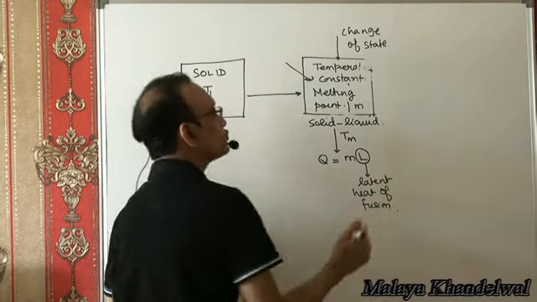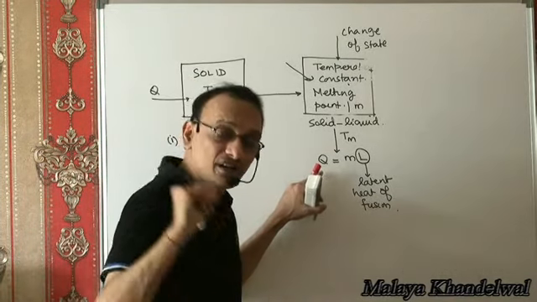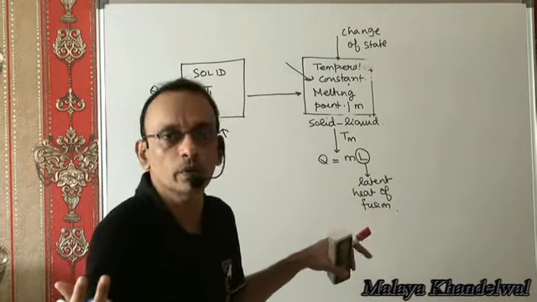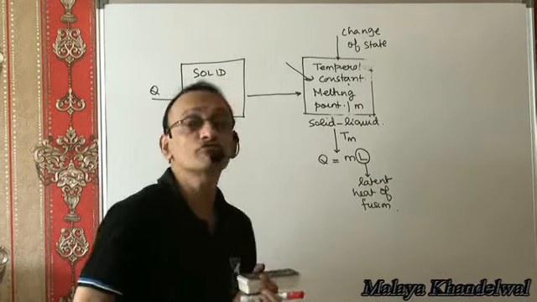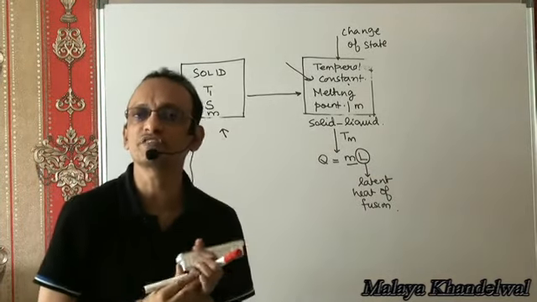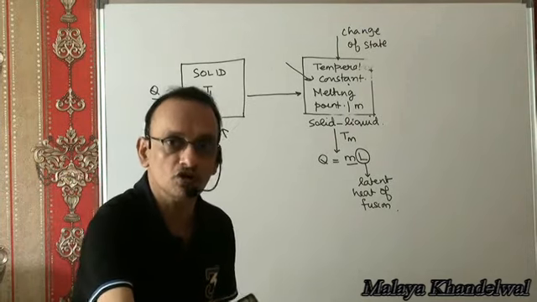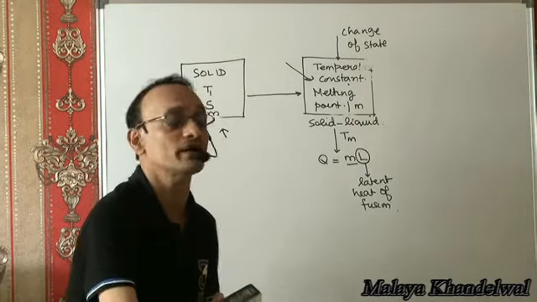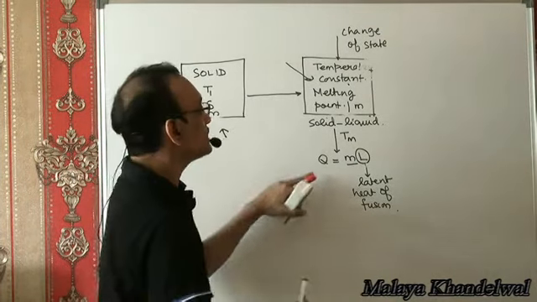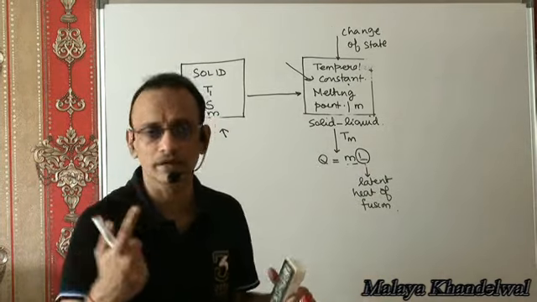The heat required to convert, at the melting point, 1 gram of solid into 1 gram of the liquid is called the latent heat of fusion, right? So for m grams, the heat required is mass into L, where L is the latent heat of fusion. L is measured in calories per gram.